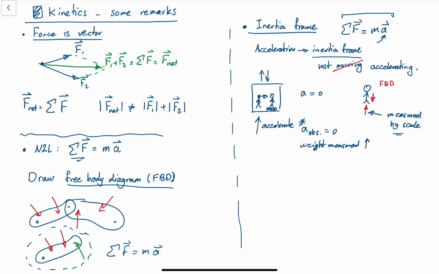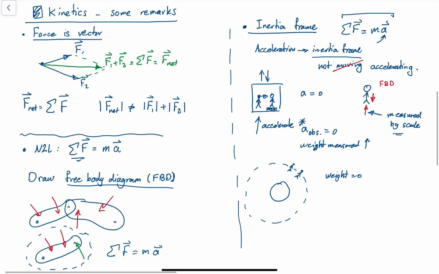You can even take this to the furthest extreme. You can consider a person floating in free space in a satellite, for instance. If you are floating with that person, again, you observe no acceleration, and following the same logic, you conclude that the weight of the person is 0, which is inaccurate.